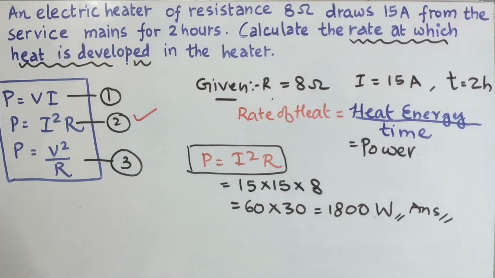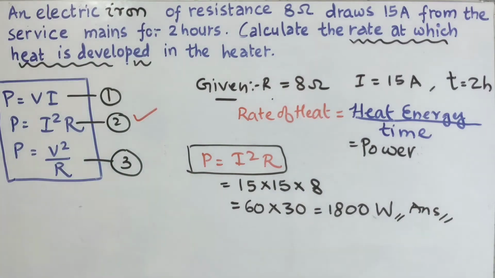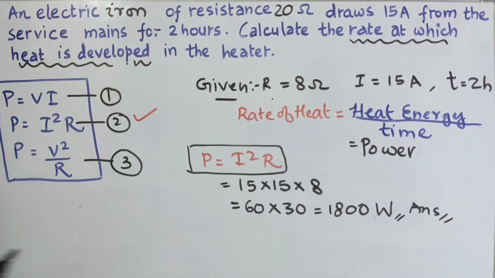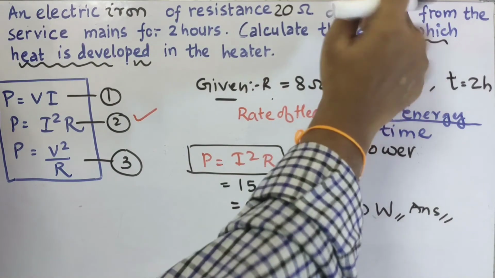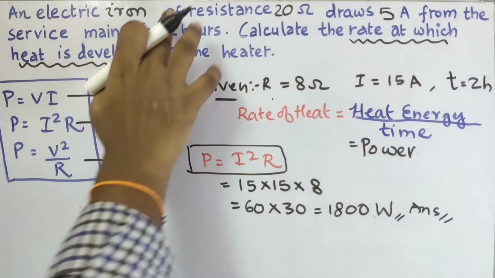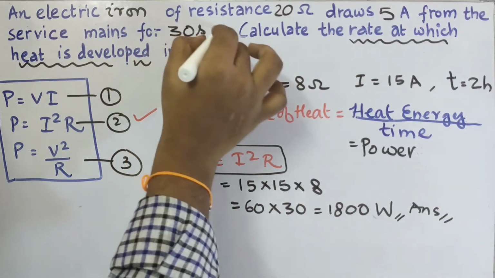I hope you have understood this. So if you have understood this, let's do one more question. So I'm going to make some changes here. Let's take an electric iron of resistance 20 ohms that draws a current of 5 ampere from service mains, let us take it for 30 seconds.